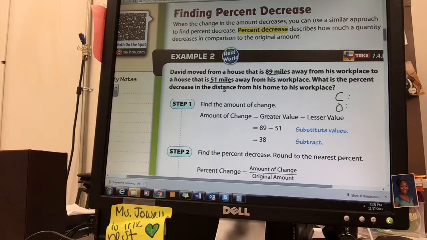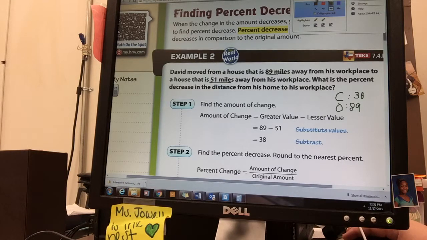What is the percent decrease in the distance? So I'm going to do 89 minus 51 to find out my change, and it changed 38. The original is whatever it started out with, and it started out with 89. So I'm going to do 38 divided by 89.